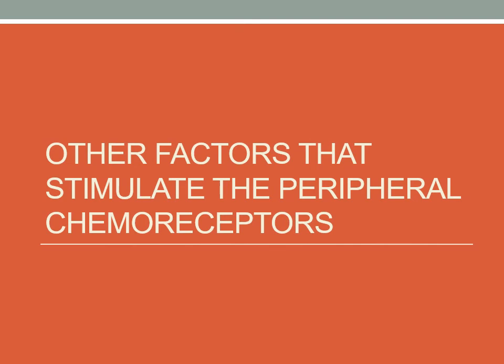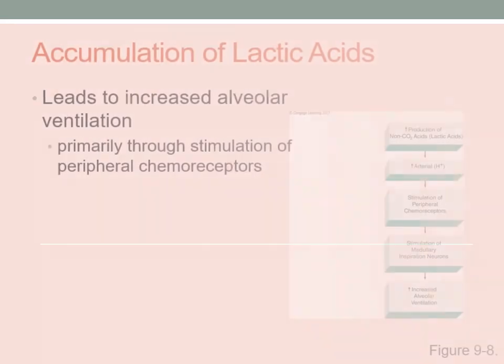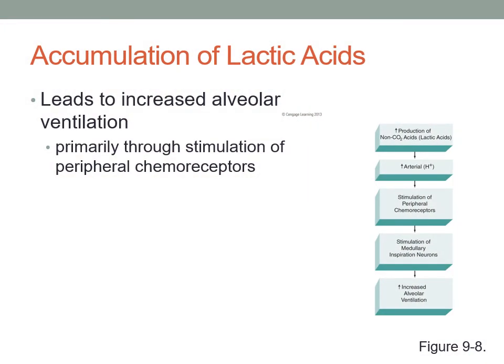Let's talk about some other things that stimulate the peripheral chemoreceptors. An accumulation of lactic acid can lead to increased alveolar ventilation. This is primarily through the stimulation of the peripheral chemoreceptors.